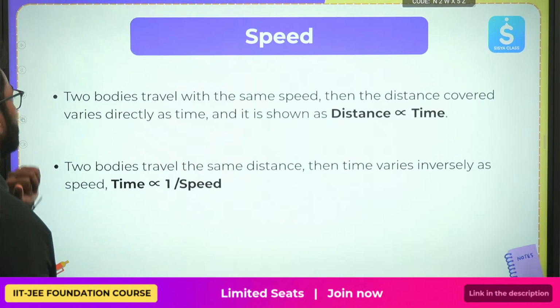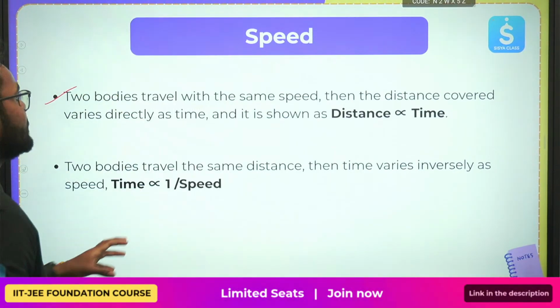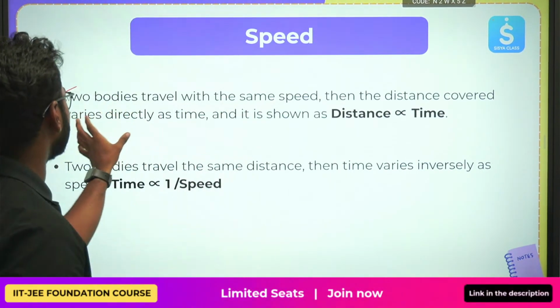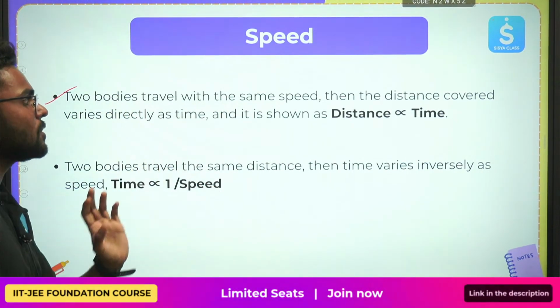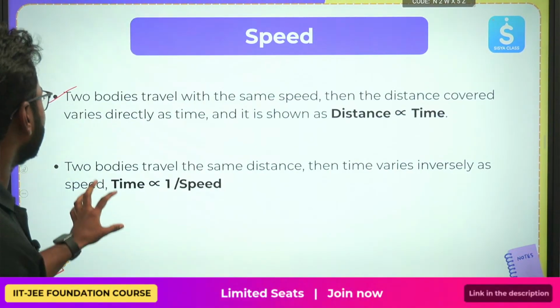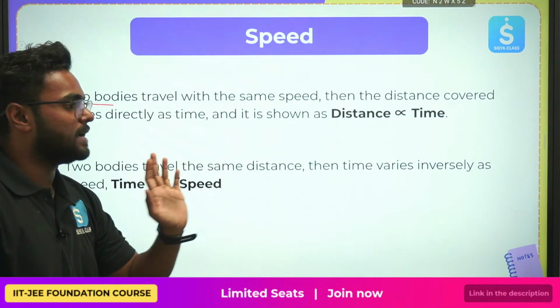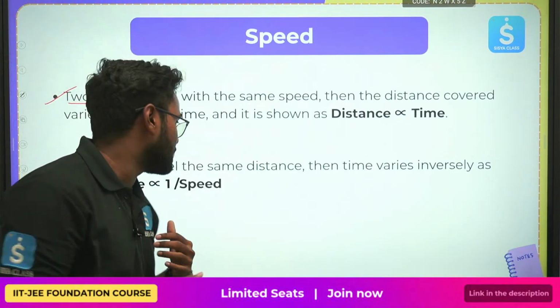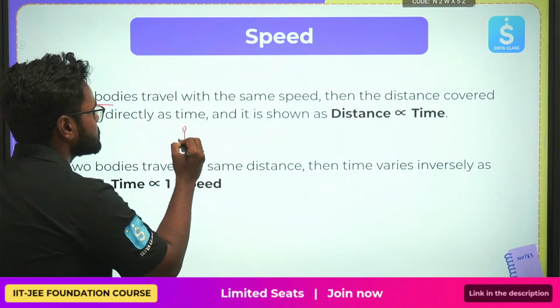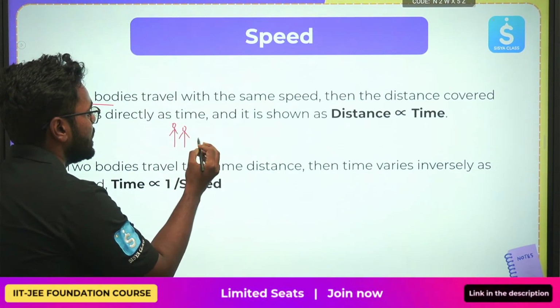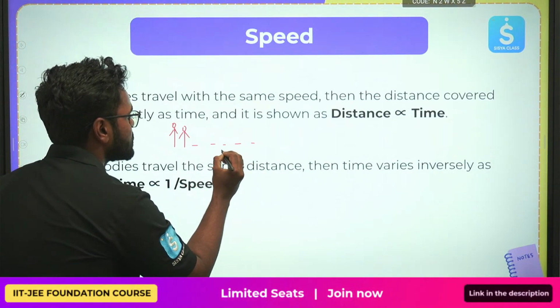So let us continue. If two bodies travel with the same speed, then the distance covered varies directly as time. It is shown as distance is proportional to time. It's a simple concept. I am walking a certain distance with a constant speed.